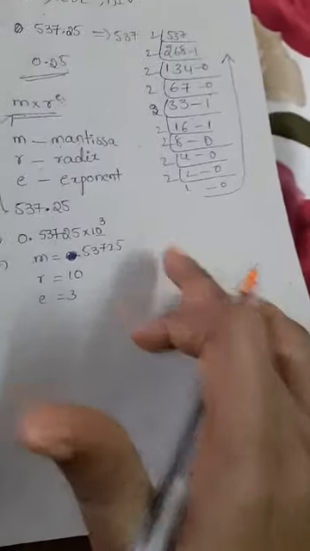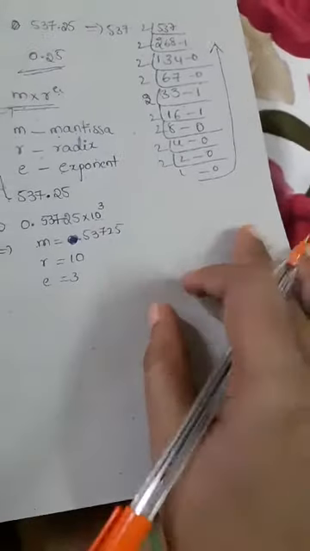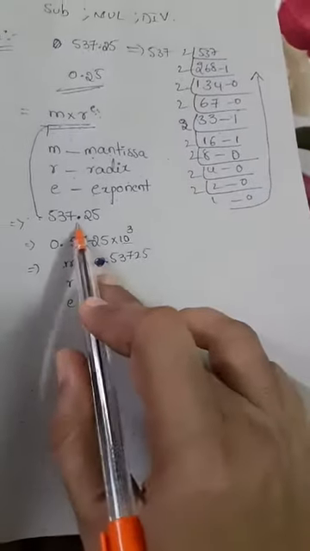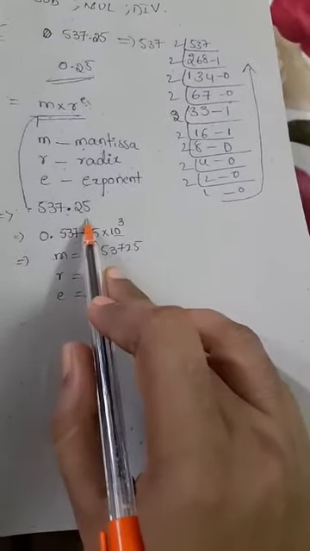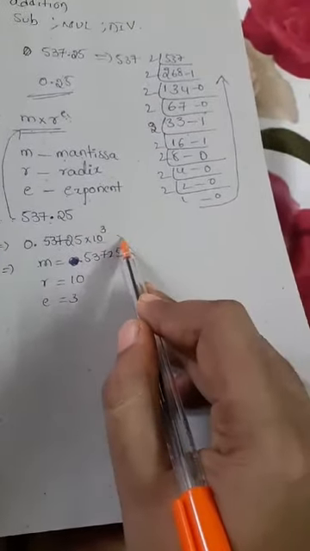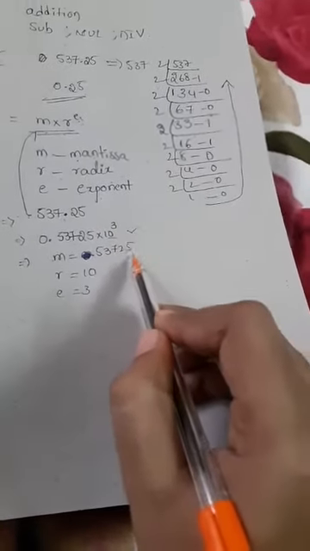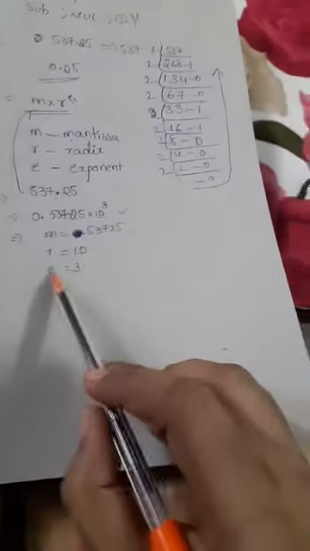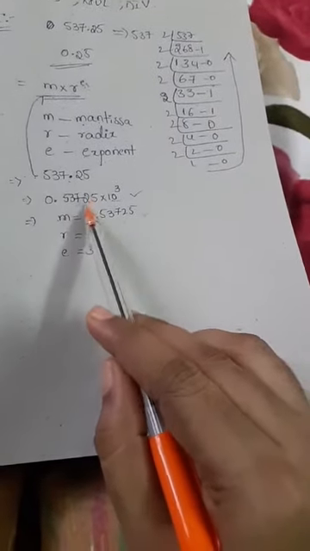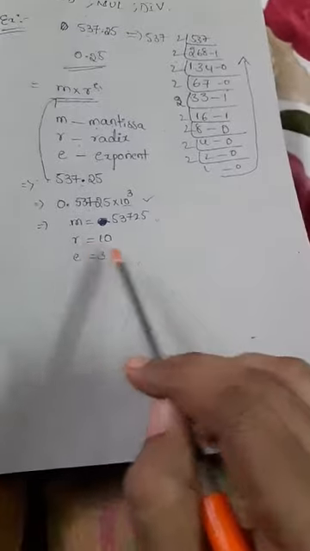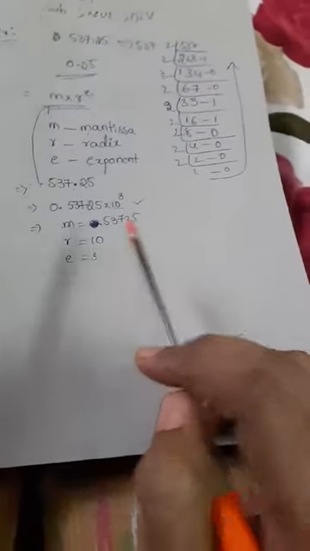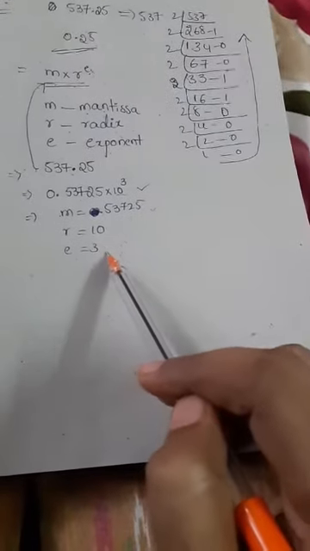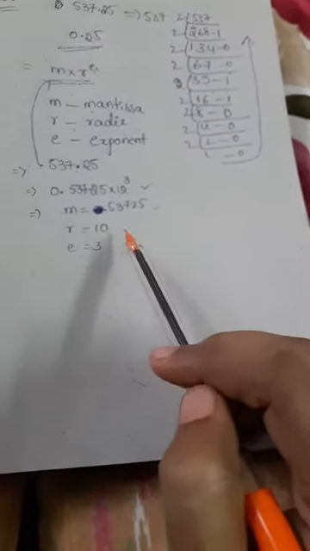Whatever the computer does, it will store this fractional number in 3 parts: a mantissa part, a radix part, and an exponent part. Mantissa will be stored separately in a particular register, radix in another register, and exponent in another register.